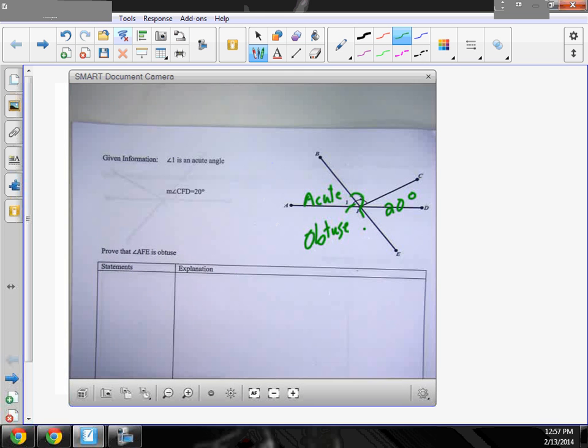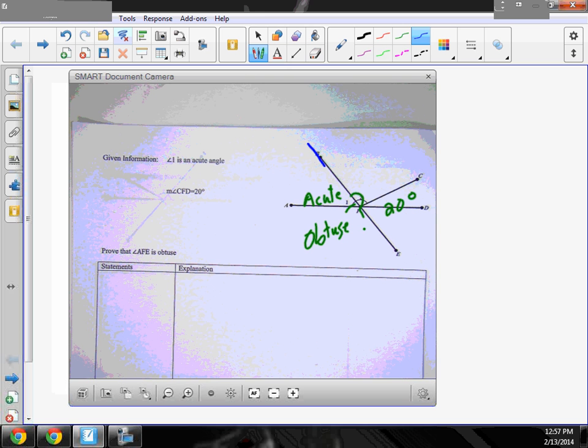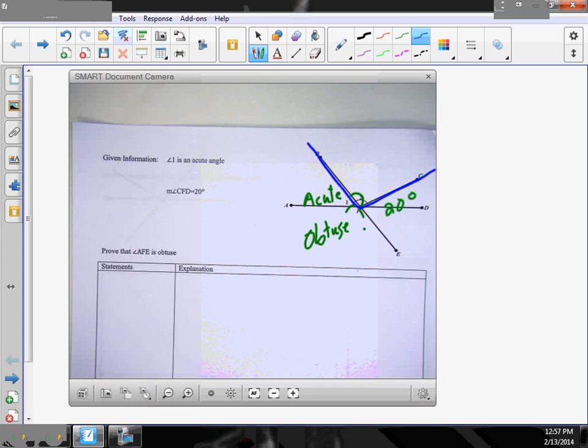So the second proof asks, can you prove that this angle is obtuse? And the answer is no. So you're asked to prove something that's untrue. So what you actually need to do is prove that it's untrue. Because CFB could be obtuse, but it could also be acute, depending on the size of angle 1.